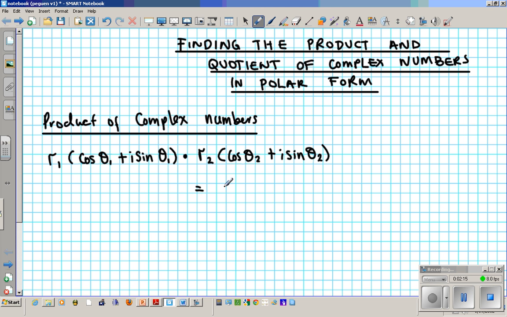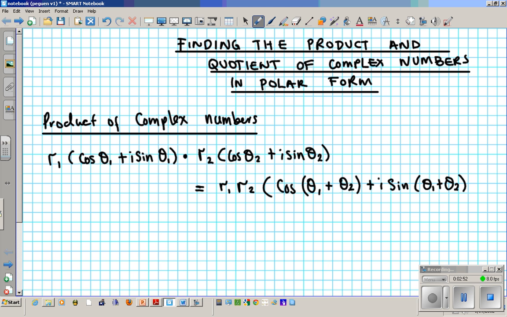to equal the product of the absolute values, r1 times r2, times the cosine of the sum of the angles theta 1 plus theta 2, plus i sine of the sum of the angles theta 1 plus theta 2.